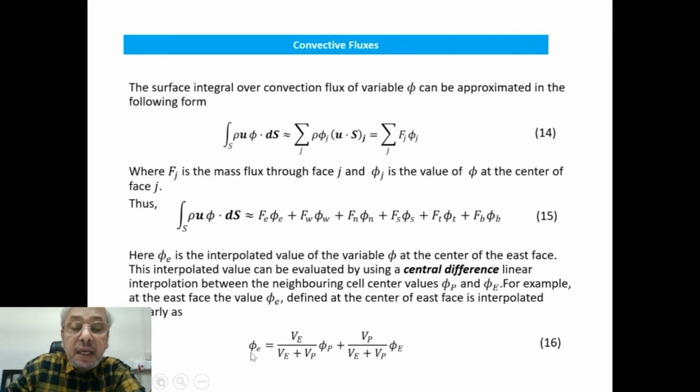This is linear interpolation, a central difference.